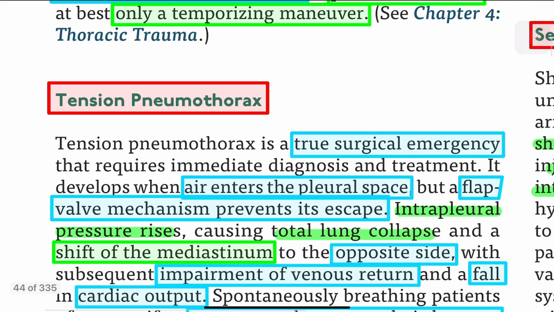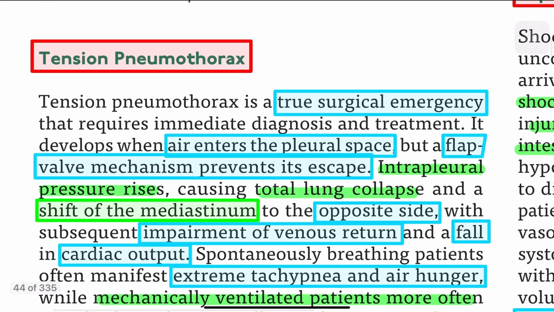Tension pneumothorax is a true surgical emergency. Air enters the pleural space, but because of a flap valve mechanism, it prevents the escape of that air.